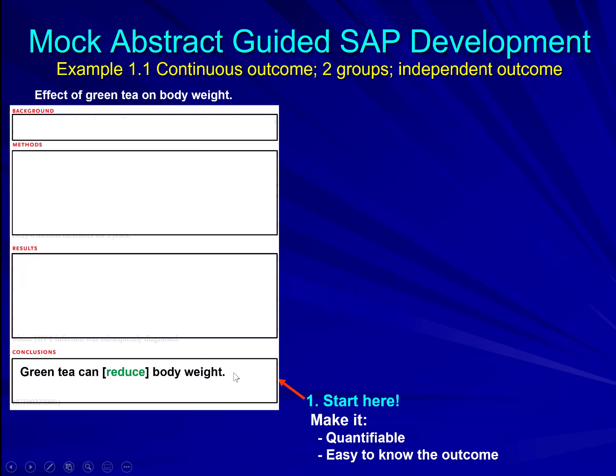So you see, it's quite easy, quantifiable, easy to know the outcome. Here you specify body weight. This is the outcome. So this is an example of a good conclusion that is quantifiable and easy to know the outcome.